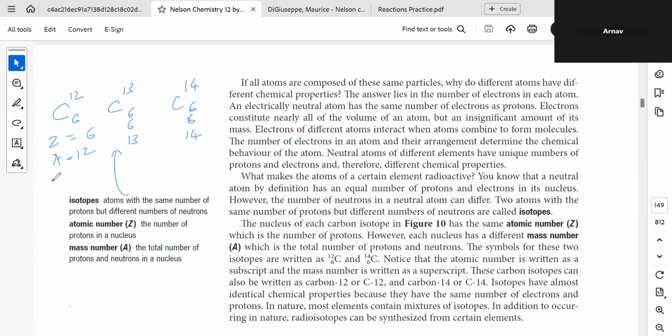So your proton number is 6 for all, and the neutron number is 6, 7, and 8. The neutron number is actually mass number minus the atomic number.